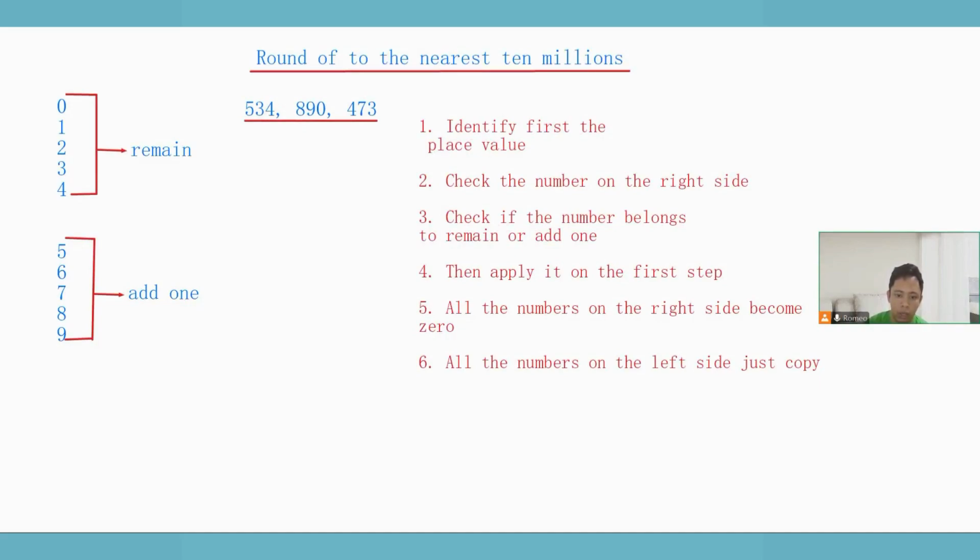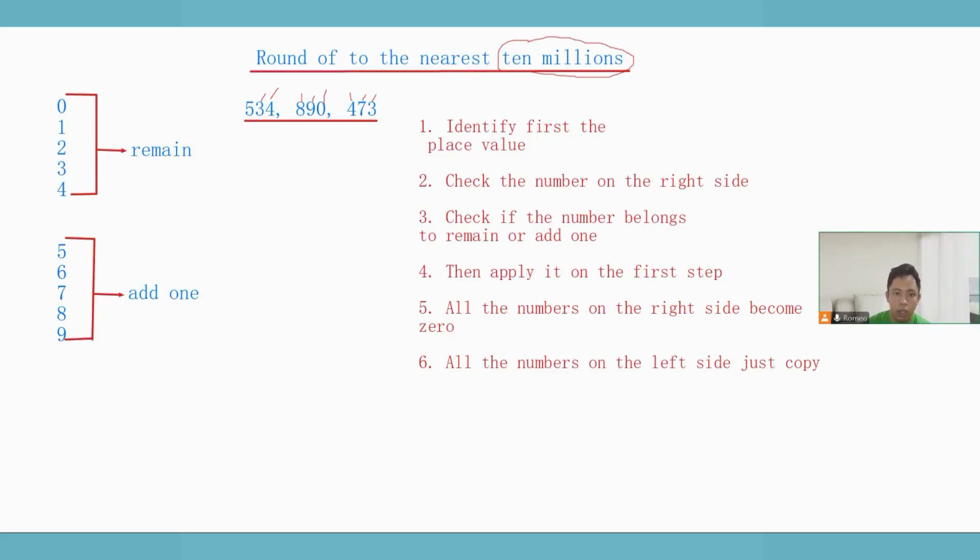If we look back at the sequence of the place values: ones, tens, hundreds, thousands, 10,000s, 100,000s, millions, and then 10 millions.